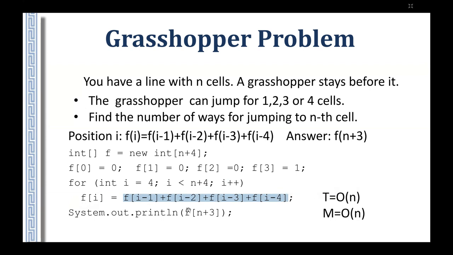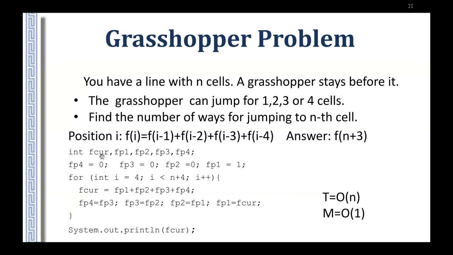What we can do is store them in 4 variables and just move the values. So we have f current and f previous 1, 2, 3, 4. We compute f current as the sum of 1, 2, 3, 4, and then move it.